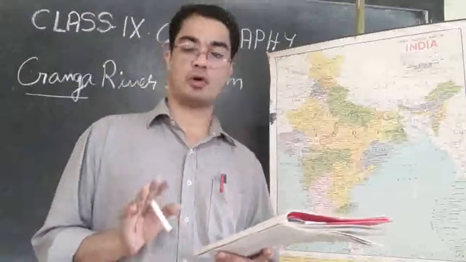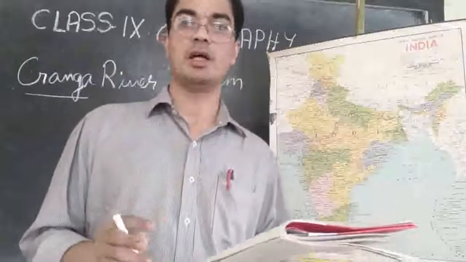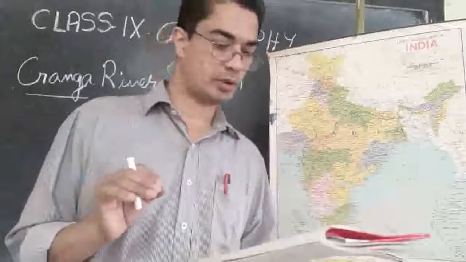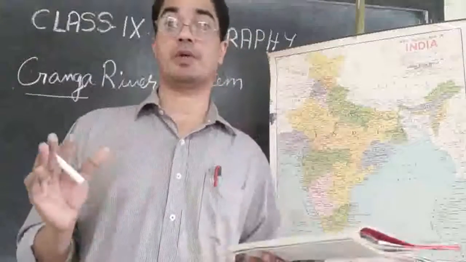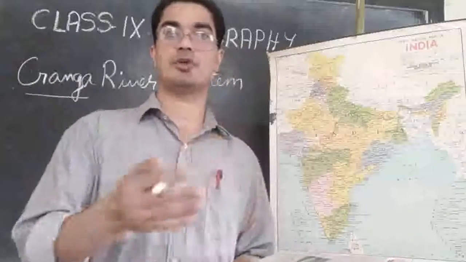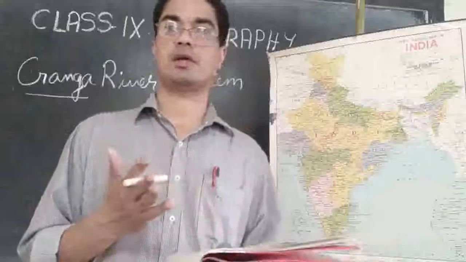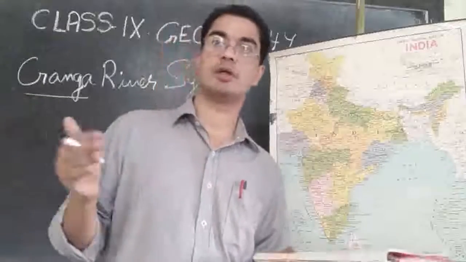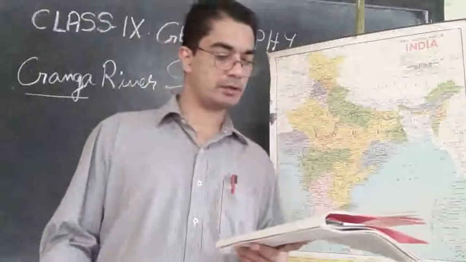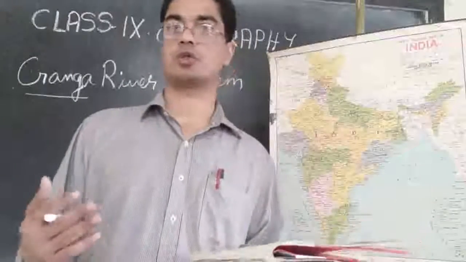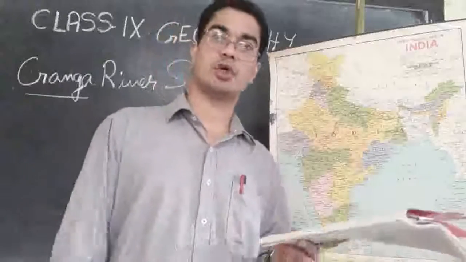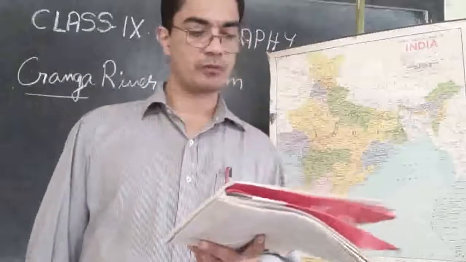So it has four main tributaries, and even these tributaries are very big rivers. Some of them are Yamuna. Yamuna is a big river, but it is a tributary. Afterwards, it will come and join Ganga. It is not reaching up to the ocean, but it is reaching up to Ganga. Then Ghaghara, the Gandak, and the Kosi. So all these are big tributaries coming and joining into Ganga.